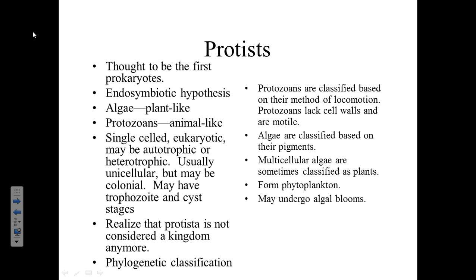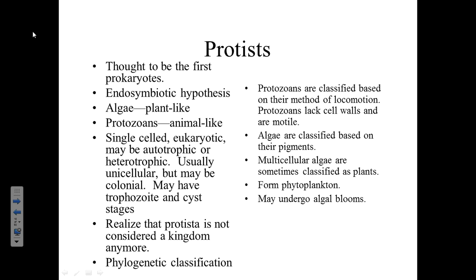When you were in ninth grade biology, you probably learned of the kingdoms, right? How many kingdoms did you learn about? It depends on the book, 6 or 7. Protista is being phased out as a kingdom. Most books don't include it anymore as a kingdom. Because what's this system of classification based on? Now, genetics and evolution, phylogenetics.